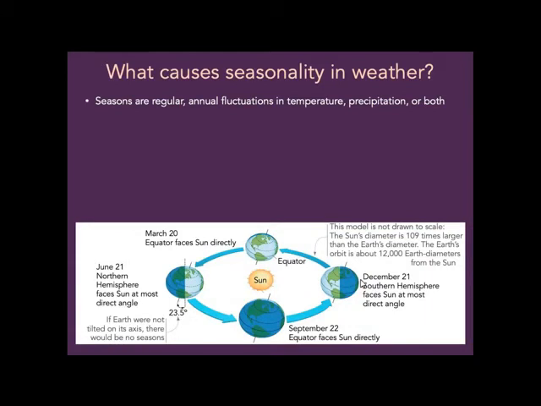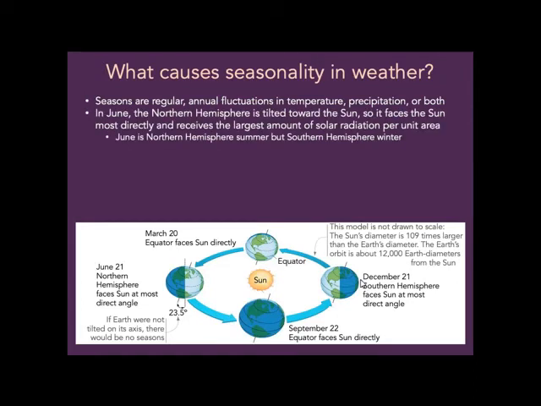All right, another question. So why do we have seasons, right? By seasons, we mean regular annual fluctuations in temperature, precipitation, or both. So if we look at the Earth here, in June, the northern hemisphere is tilted towards the sun, right? So it faces the sun most directly and gets more solar radiation per unit area.